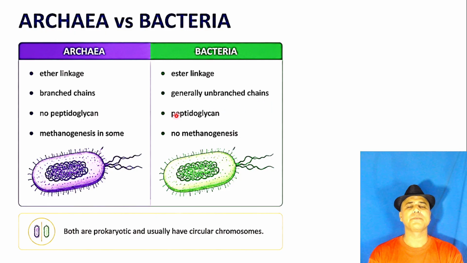Archaea have no peptidoglycan; in bacteria, peptidoglycan is present. Methanogenesis occurs in some archaea; there is no methanogenesis in bacteria. Similarity: both are prokaryotic and usually have circular chromosomes.